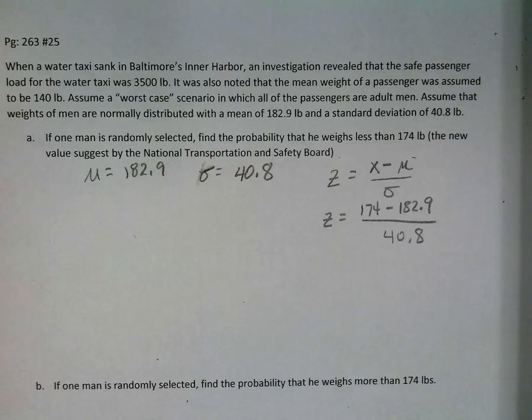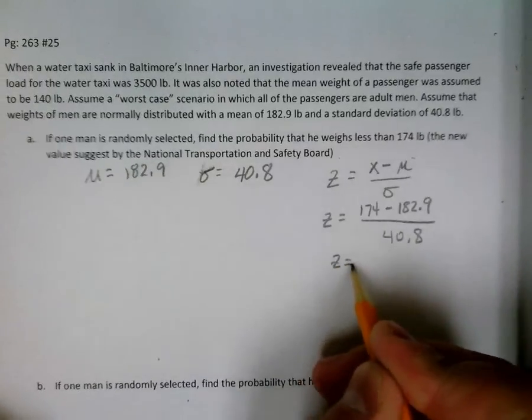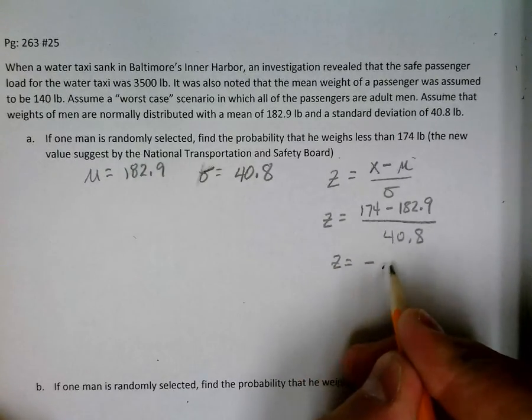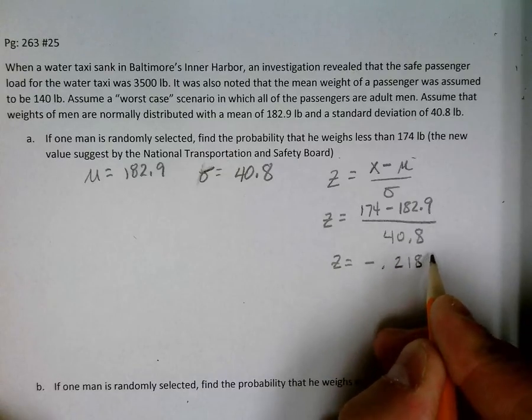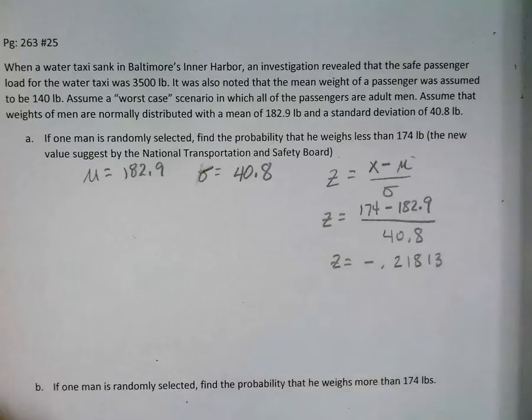Okay, so calculate that. 174 minus 182.9 is negative 8.9, divided by 40.8 is negative 0.21813.